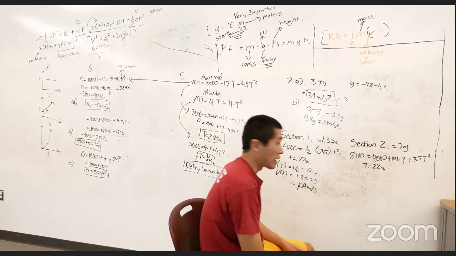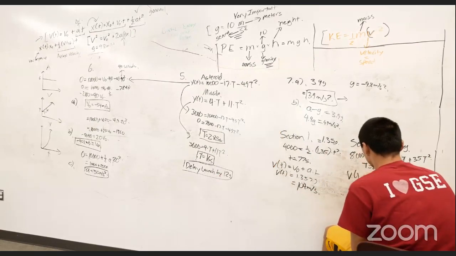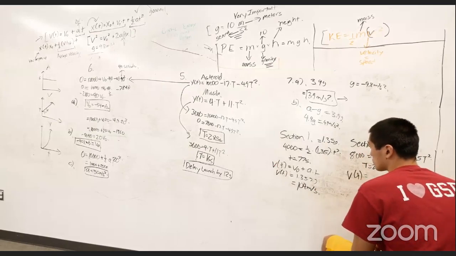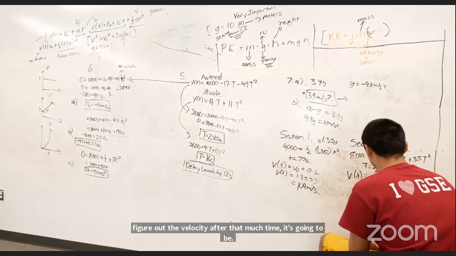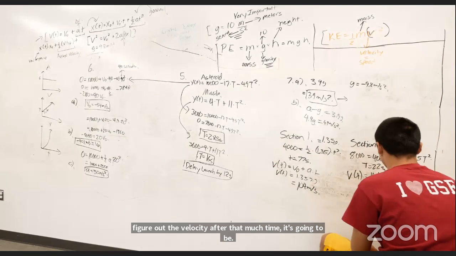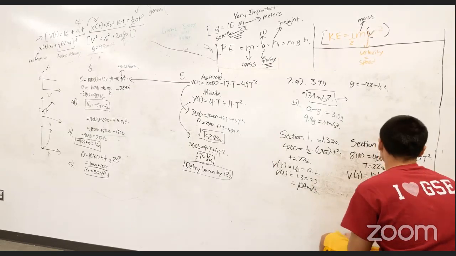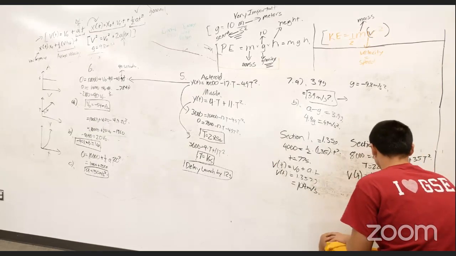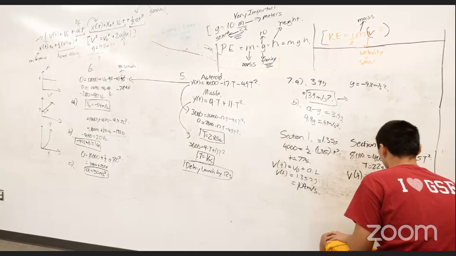So to figure out the velocity after that much time, my initial velocity is 104 plus my acceleration, which is 7 times 22. 7 times 22 is 110 plus 44, 154. So my final velocity at this point is 258 meters per second.